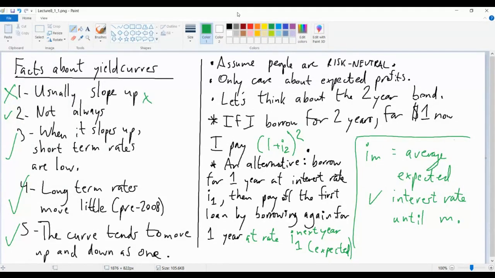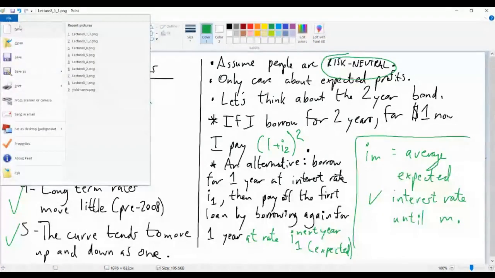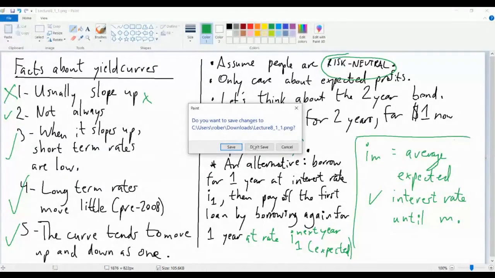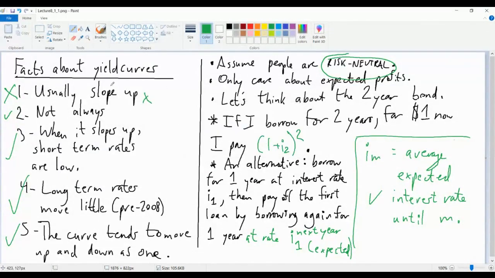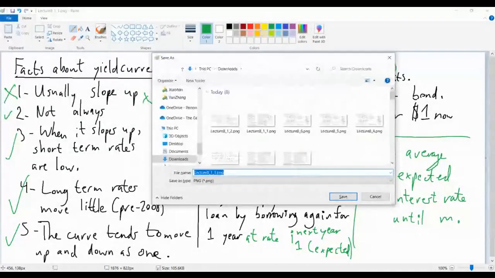Now, what's a logical thing to do if we want to improve our theory's ability to account for these facts? Well, remember that we got this far, which was quite far, by making one assumption, which is that people are risk neutral. So a logical thing to do then is to get rid of that assumption. And let's do that now.